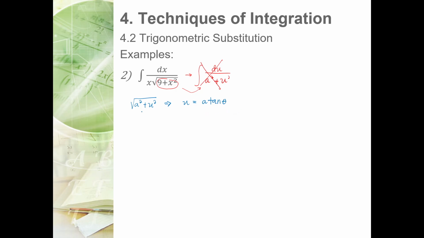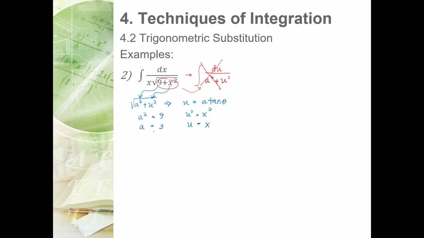Determine first the values of a and u squared. This one is a squared, this one is u squared. So a squared is equal to 9, then a is 3. Then u squared is x squared, then u is the x variable.